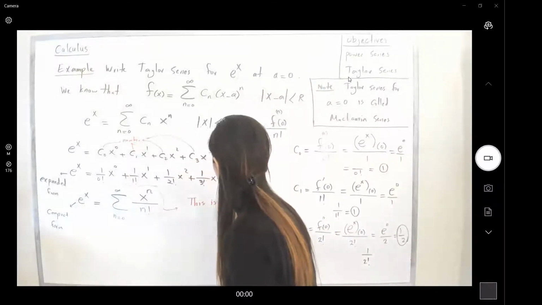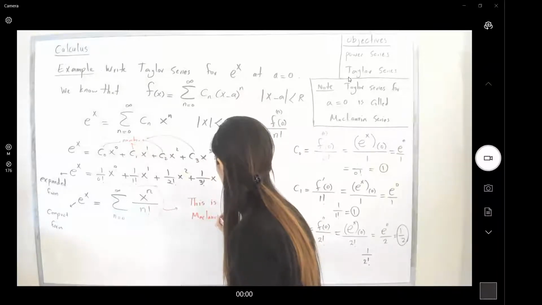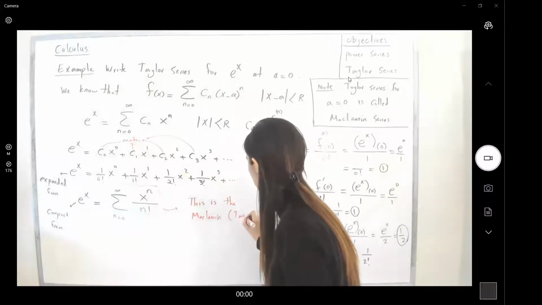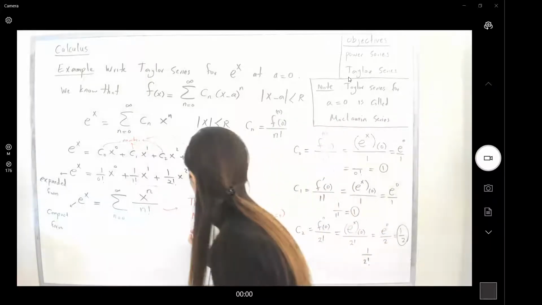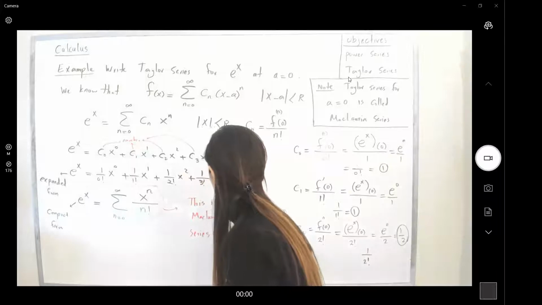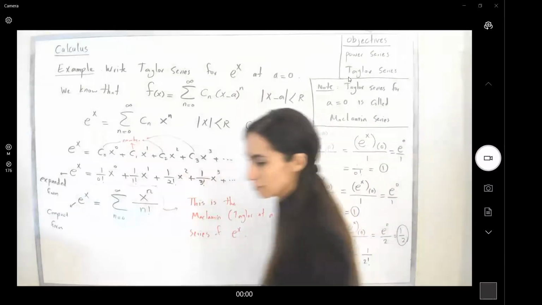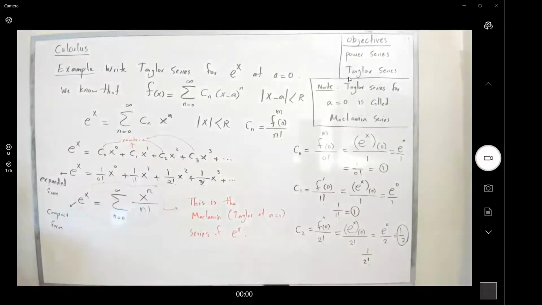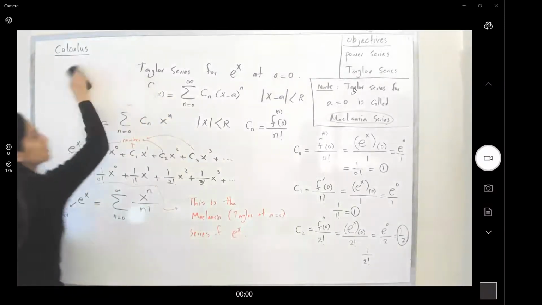This is the Maclaurin, or Taylor at a equal to 0, series of e to the x. There you go.